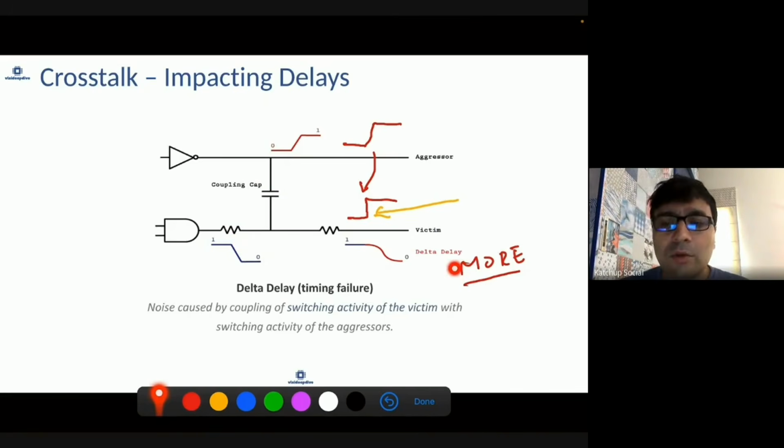And STA, while doing static timing analysis, takes into account these delay changes, so that even when they are present, you still have setup and hold and other timing checks met and not violated. And this is known as crosstalk. So one effect of crosstalk is that it can impact delays, making them more or less, and STA needs to take that into account.